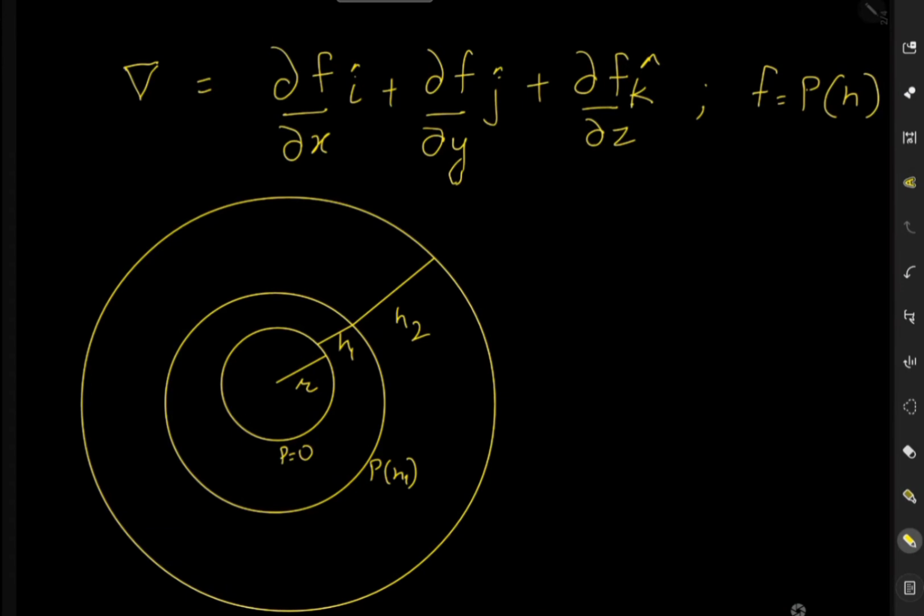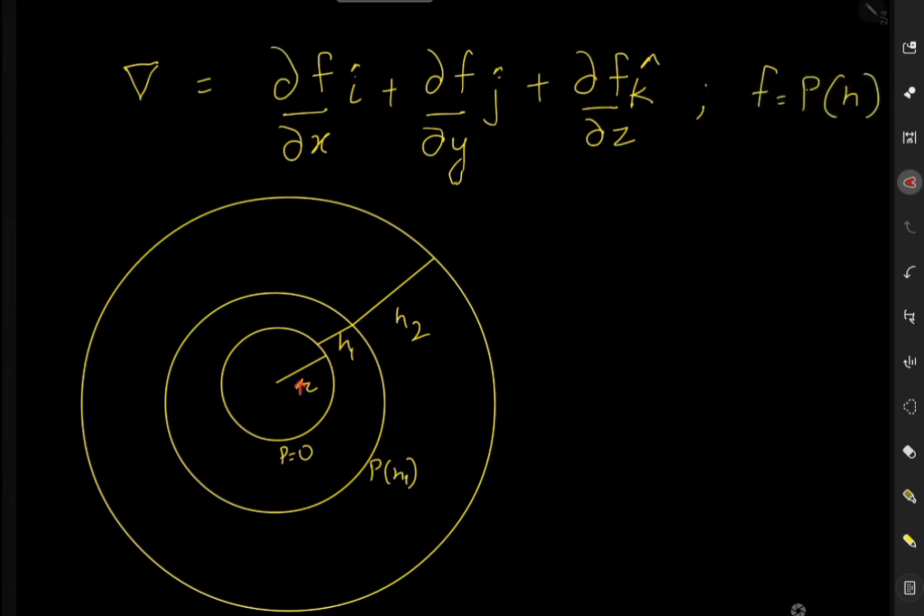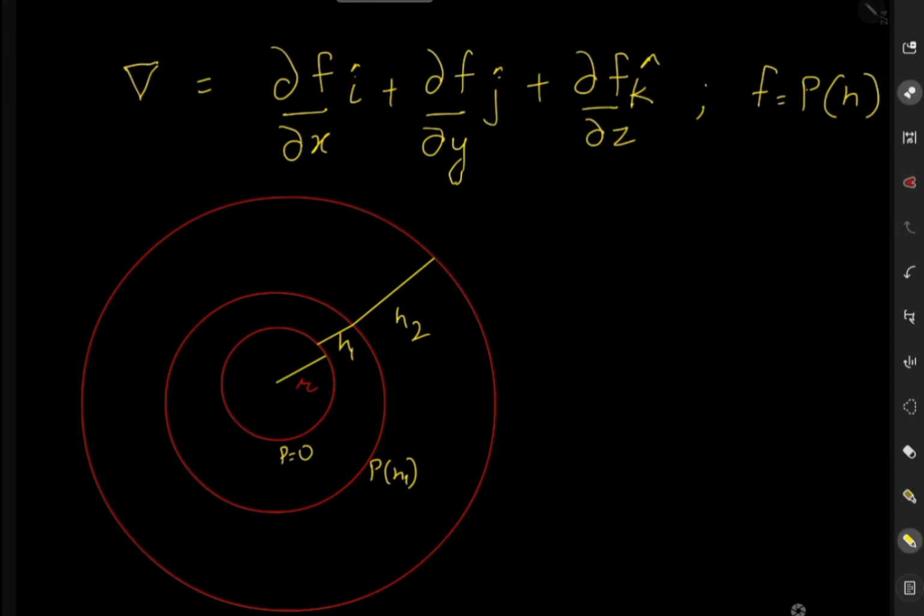So if we move in x direction, let's say this is our x-axis and this is our y-axis.